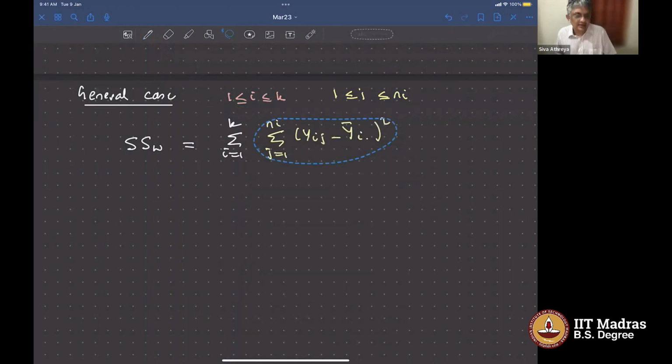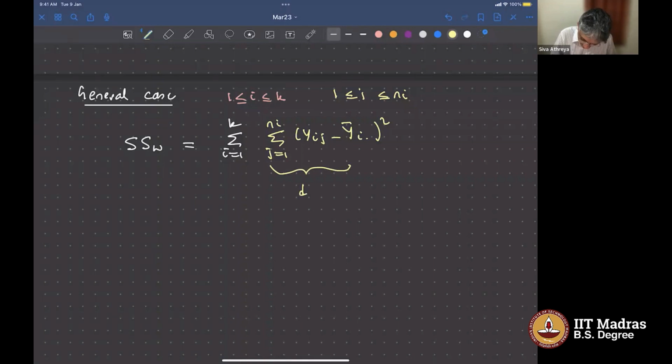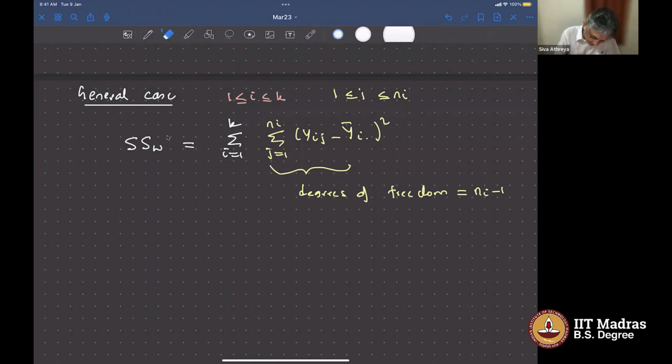So this term right here, it is easy to see the degrees of freedom, because I'm fixing the Yi bar dot, is just ni minus 1. That's just each of them, right? This is something that I won't show in this class.